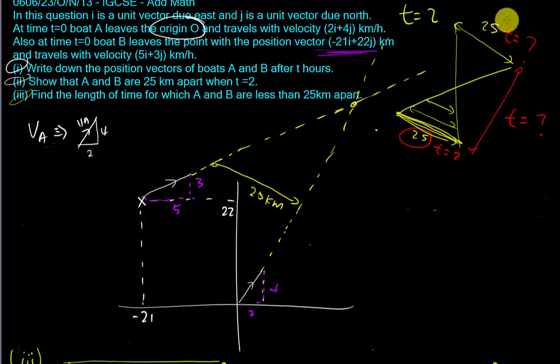That's how I understand this concept based on the diagram. Anyways, if you see a question like this, less than 25 km apart, the first thing coming to your mind is always make the distance equal to 25 and find your t value. Then use the bigger t value minus the smaller t value. Just understand like this, it will make your life easier.